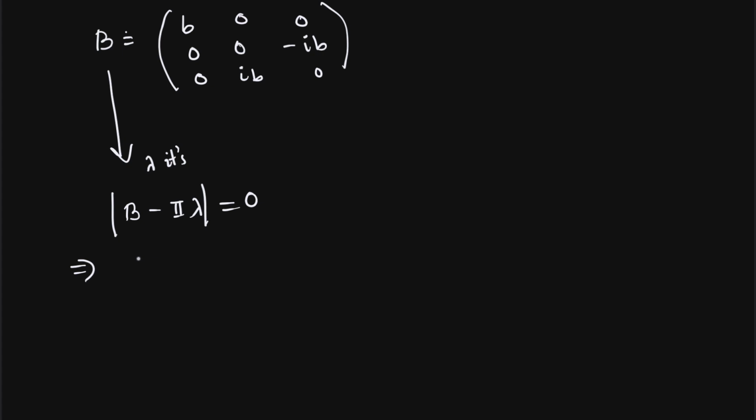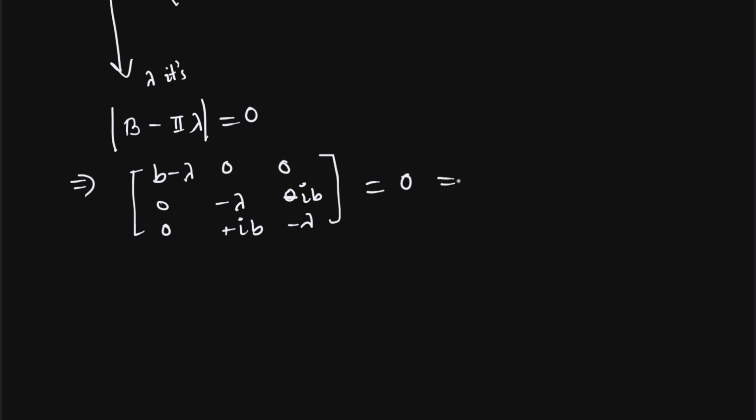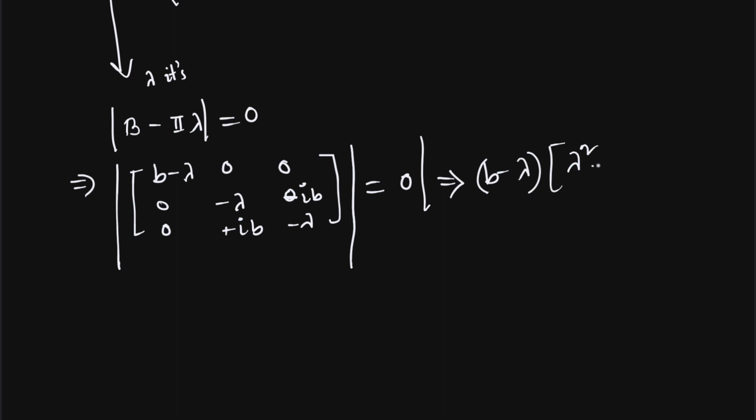So let us calculate this. That means the determinant of the matrix with rows (b minus lambda, 0, 0), (0, minus lambda, minus ib), (0, ib, minus lambda) is equal to 0. It means (b minus lambda) times (lambda squared minus b squared) is equal to 0.